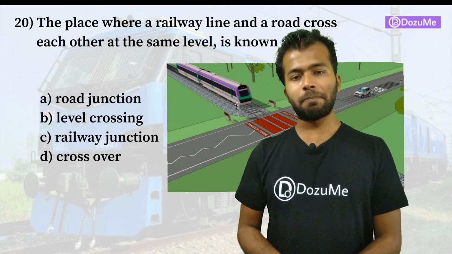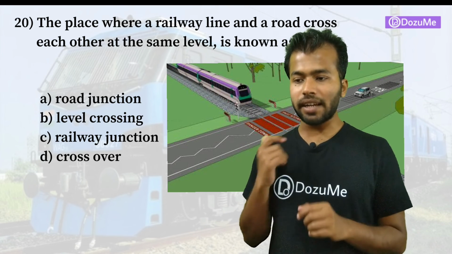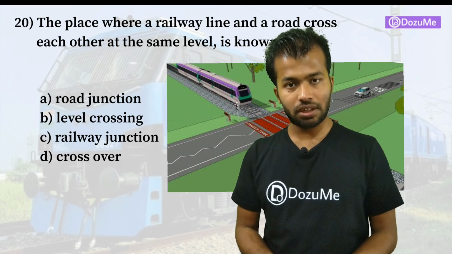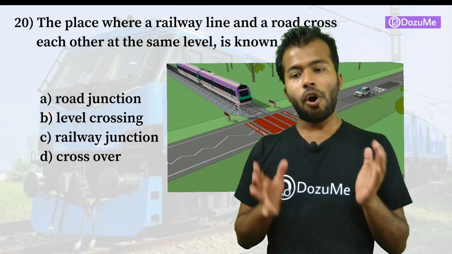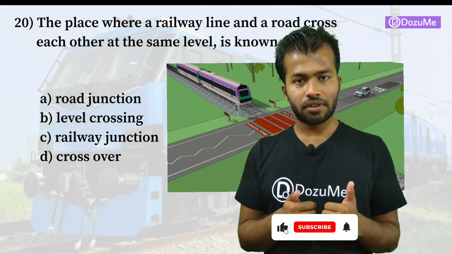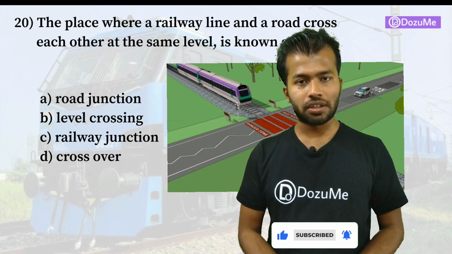If you know, comment it. A railway junction is a station that has more than 3 diverging or converging running lines of tracks. That kind of station is termed a railway junction.